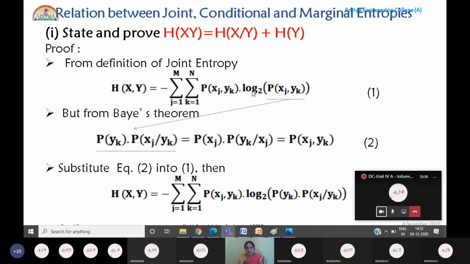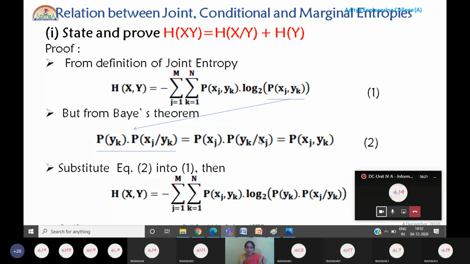Now please observe the part inside the logarithm, that is p of xj comma yk. Please recollect the Bayes theorem. What does Bayes theorem state? It gives the relationship between the joint probability matrix, the marginal probability matrices and the conditional probability matrices.